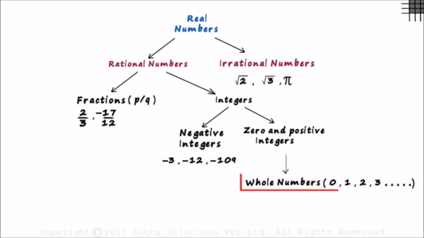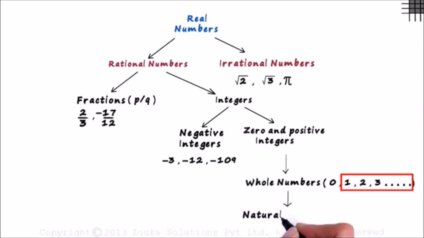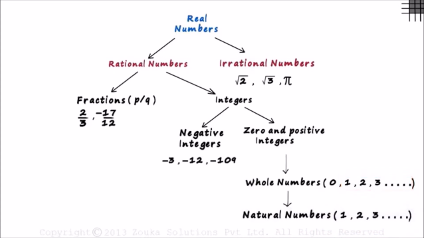So, whole numbers include all positive integers along with 0. These positive integers also have a special name. They are called natural numbers, which include all positive integers starting from 1.